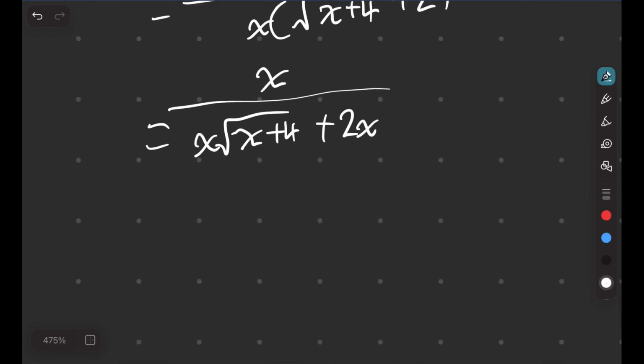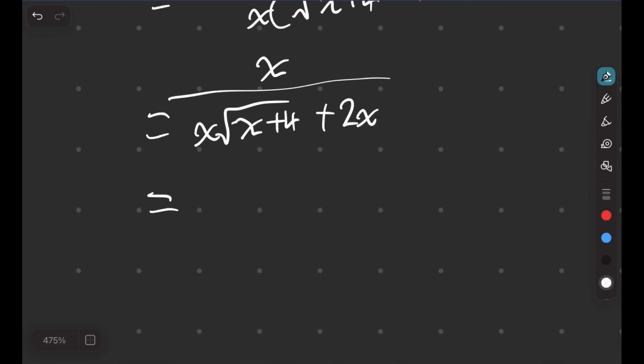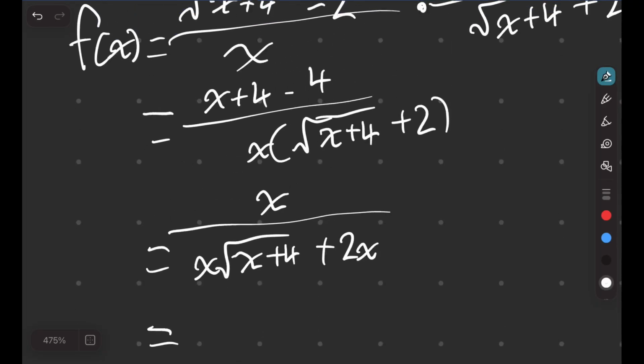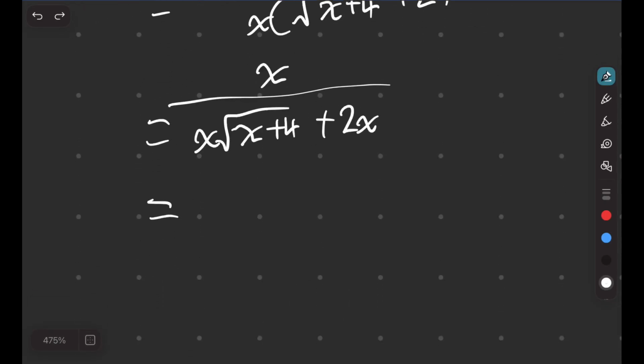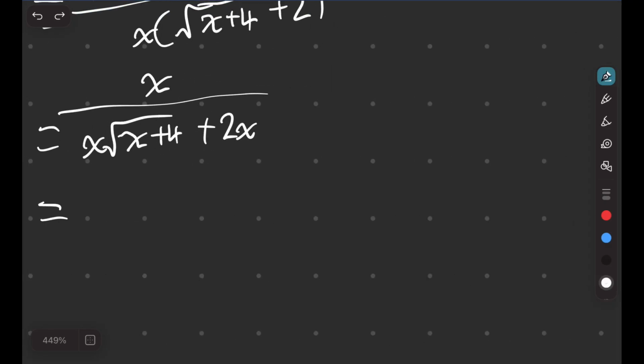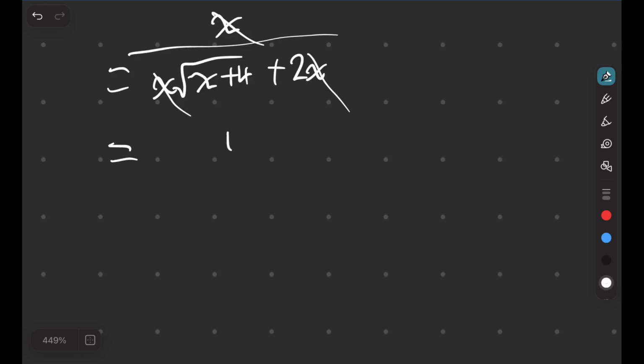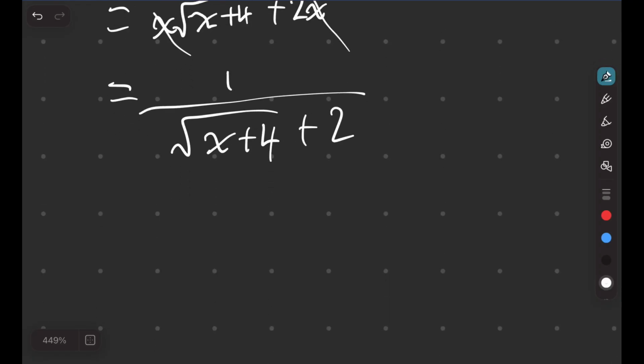This also simplifies because we have x on both sides. We don't even need to do this, because up here they cancel out, and you've got x times 1 over x times our conjugate, which would just be 1 over our conjugate. So this cancels out, that cancels out, and you get 1 over root x plus 4 plus 2. And then you're done.